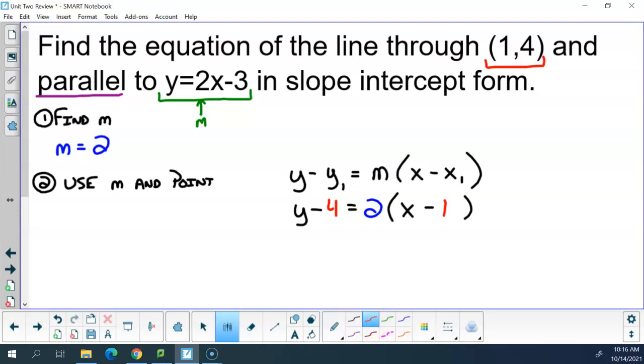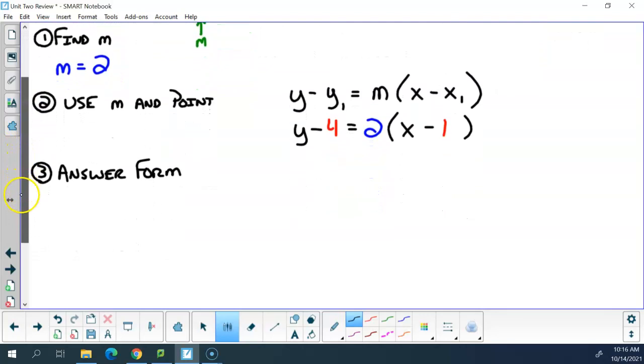It said we needed to be in slope-intercept form. What is slope-intercept form? y = mx + b, so I need to solve this equation for y.